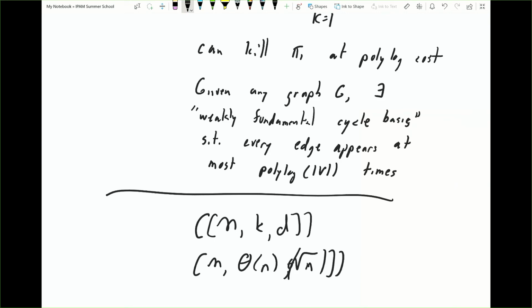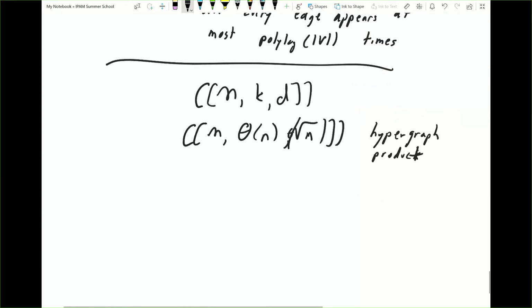These are called hypergraph product codes. So these are codes where the number of logical qubits is proportional to the total number of qubits. The distance is only square root, but they encode an enormous amount of information. So these then give manifolds where B4 is proportional to the volume of the manifold, and the distance is square root n.